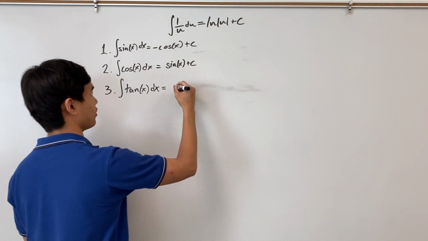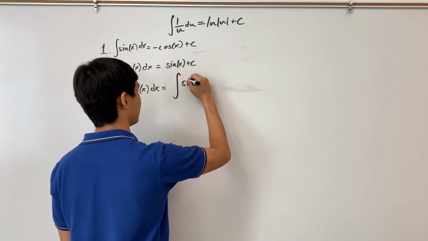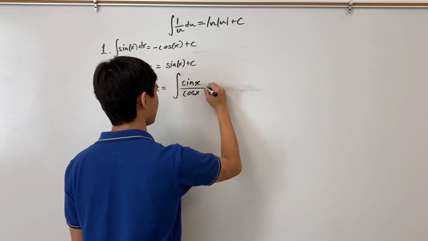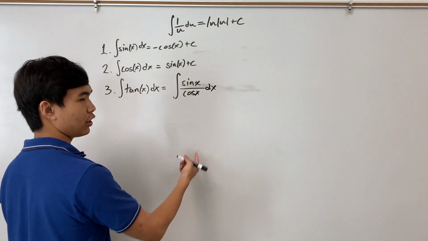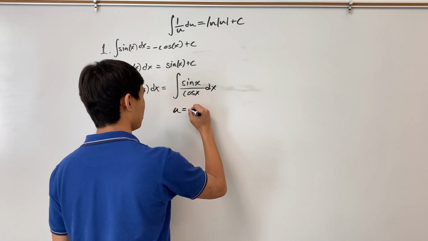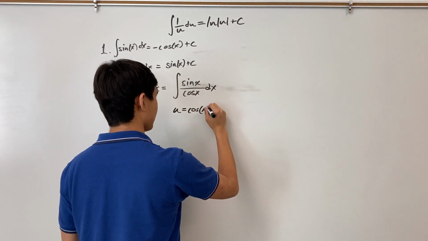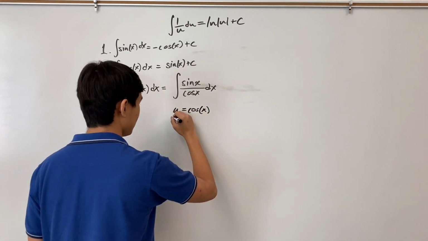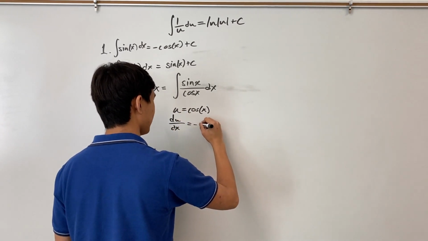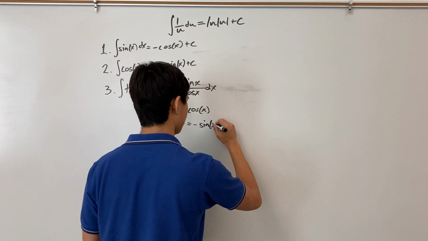So tangent can be written as sine x over cosine x dx. And then using our u substitution, we'll let u equal cosine of x. And then du dx equals negative sine of x.